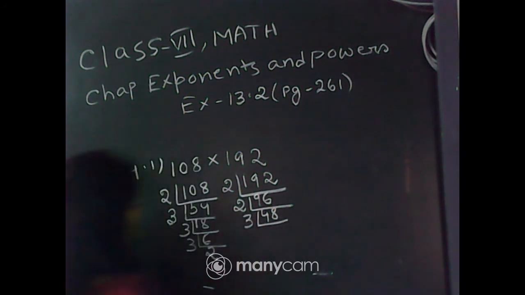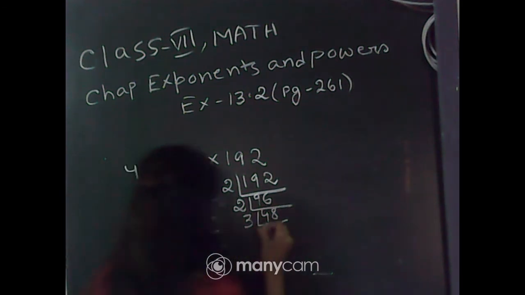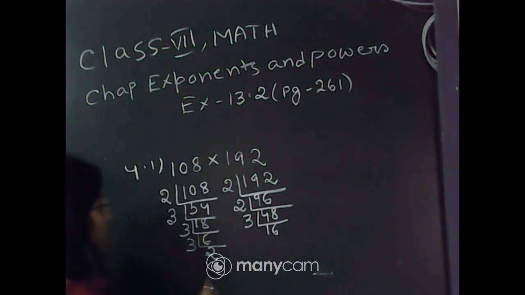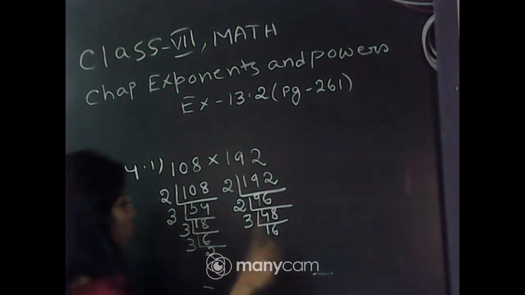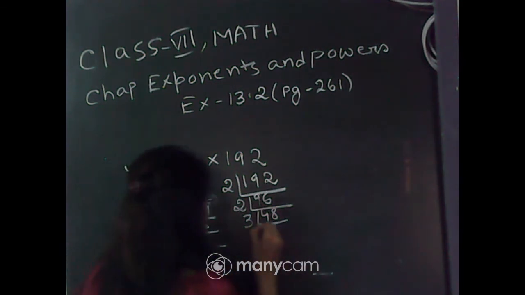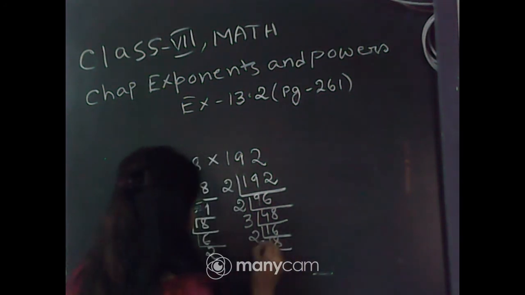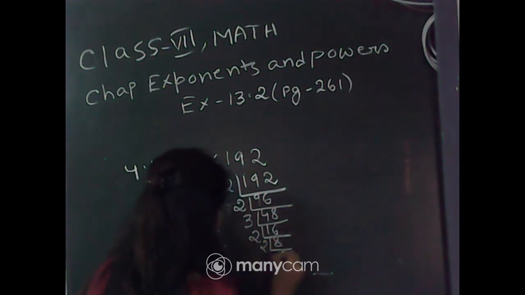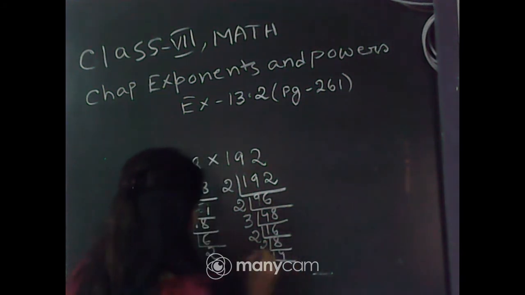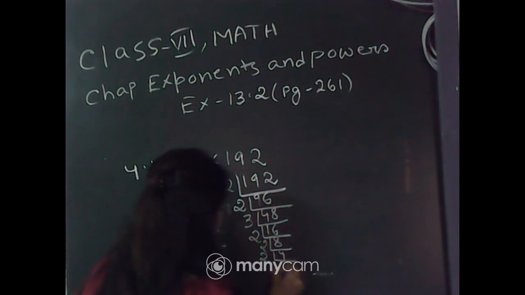We divide 48 by the prime number 3 and we get 16. Now, we know 16 is equal to 2 to the power 4. Also, we divide it by the prime number 2 and we get 8. Again, we divide 8 by the prime number 2 and we get 4. We divide 4 by the prime number 2 and we get 2.